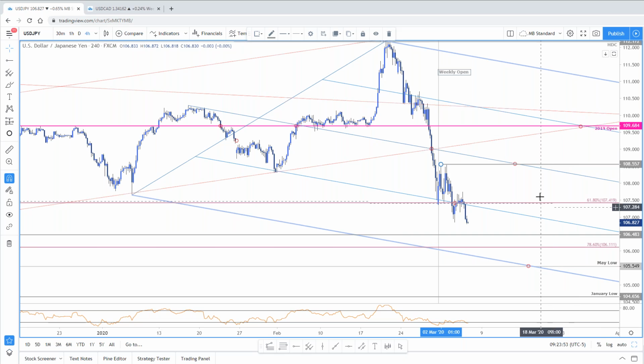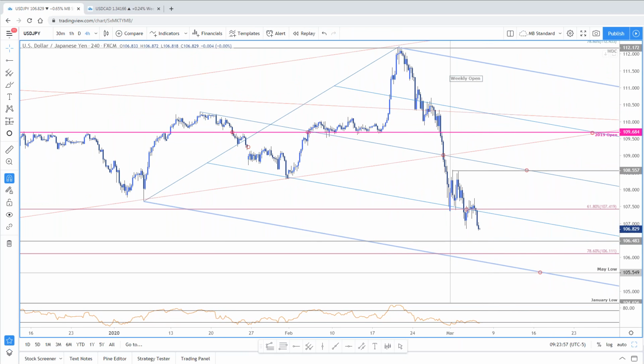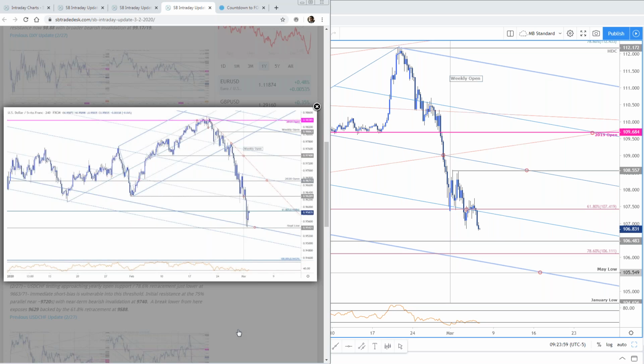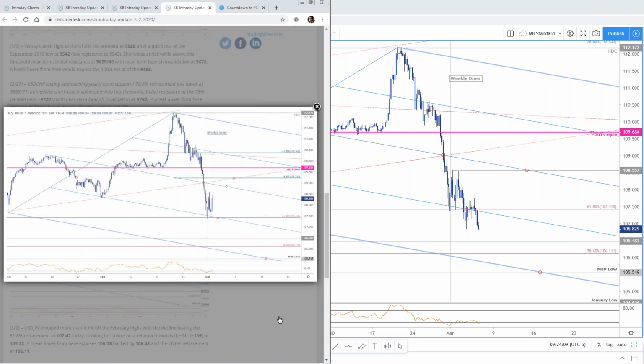Key resistance, downside support targets. All right. Here's the last dollar yen levels, unchanged, guys. The only thing you want to scratch on this is the retracement, because we've made a new low, so that retracement is null and void. Downside targets are unchanged.